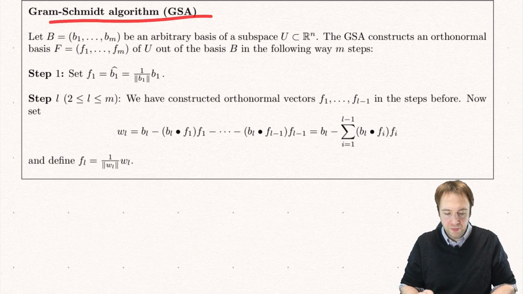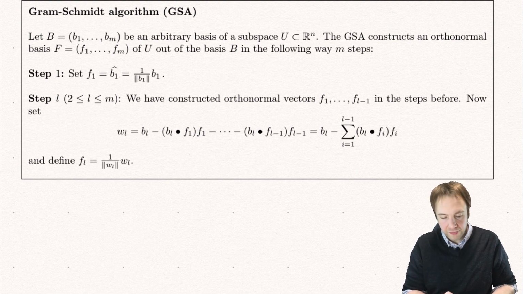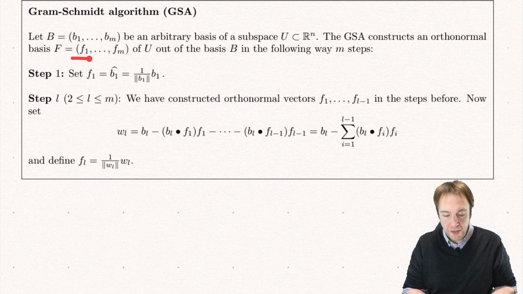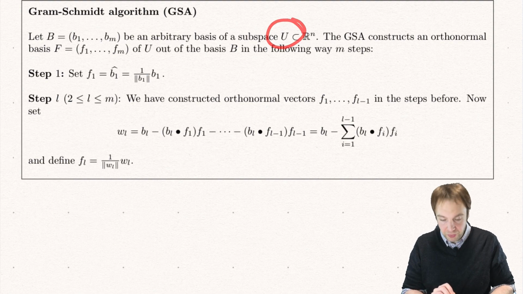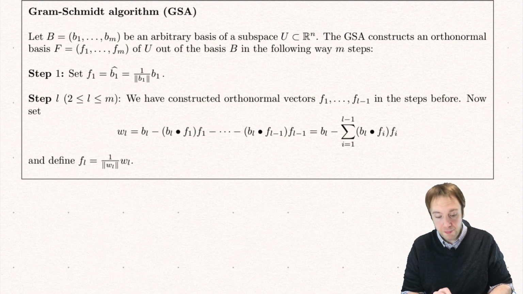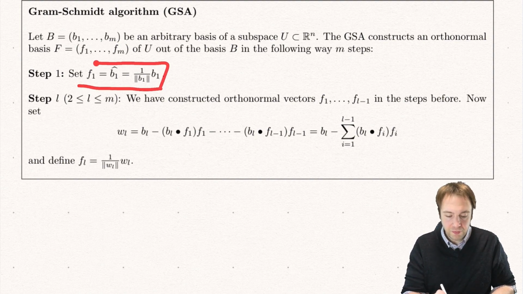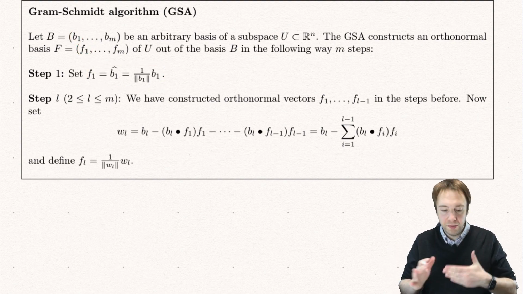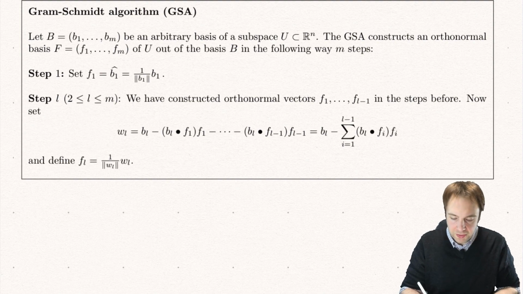So the general idea of this Gram-Schmidt algorithm or process is, if I have an arbitrary basis of some subspace U, then the goal is to find an orthonormal basis of this subspace U. So this has dimension m, so there will be m steps, and the first step is always the F1 to just say this is the first basis vector, but normalized. Then we can define U1 to be the span of F1.